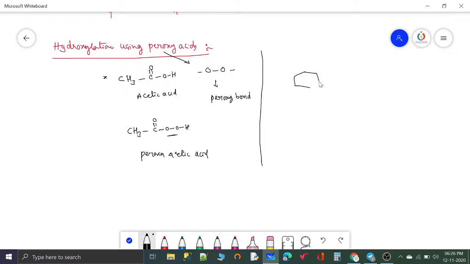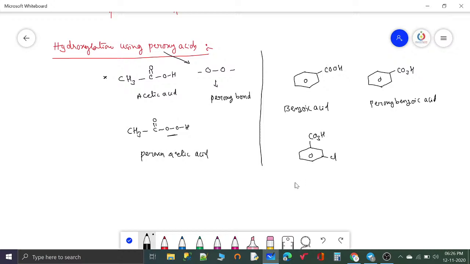Generally, if you take benzoic acid, this is the normal benzoic acid, but if you add one more oxygen, CO3H, this is called peroxybenzoic acid. Similarly, if you put one chlorine here, at the meta position, with CO3H and chlorine, this is called metachloroperbenzoic acid.